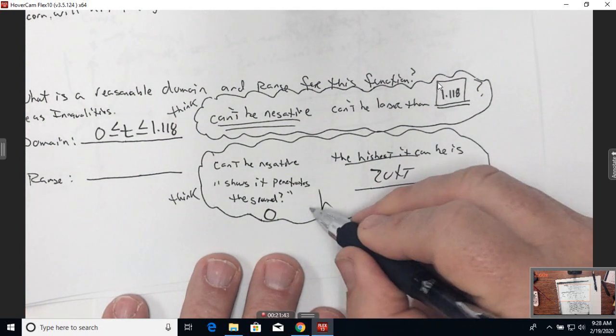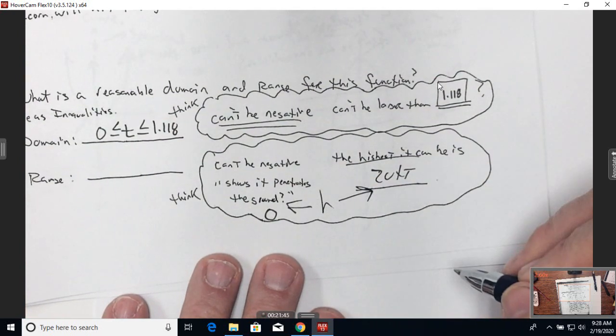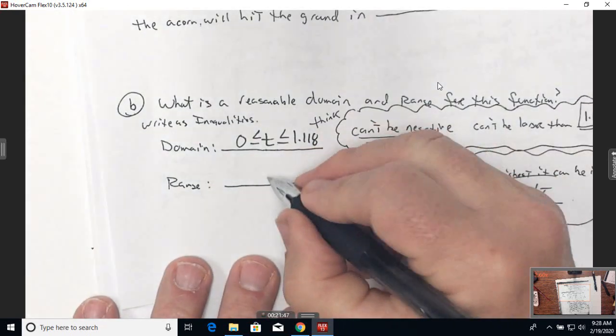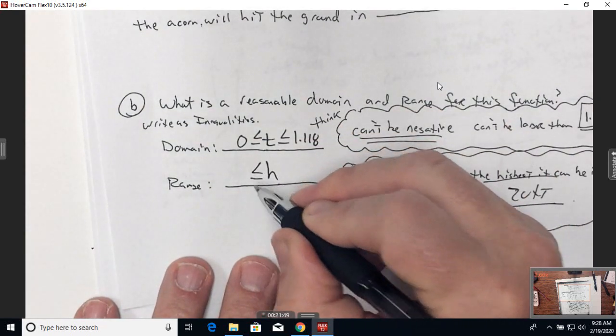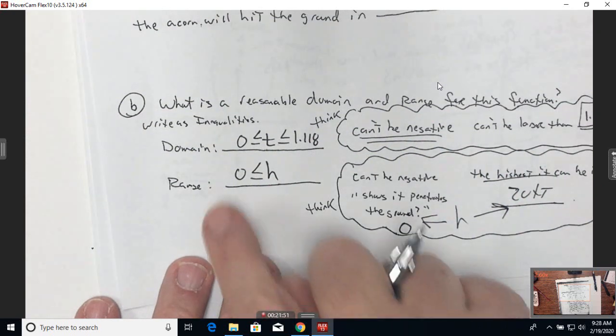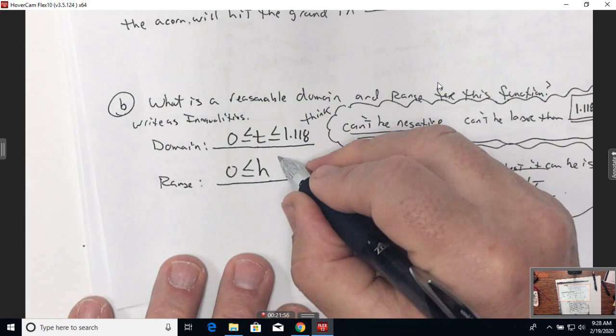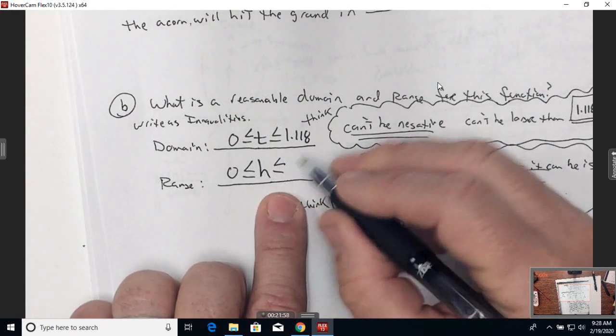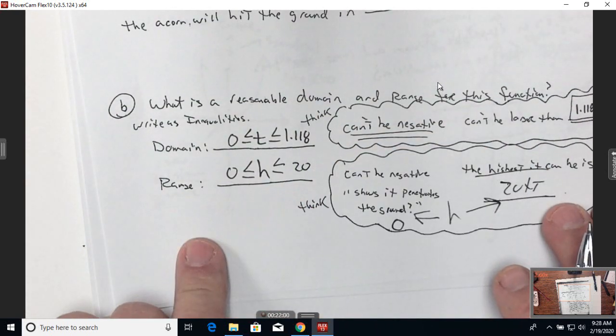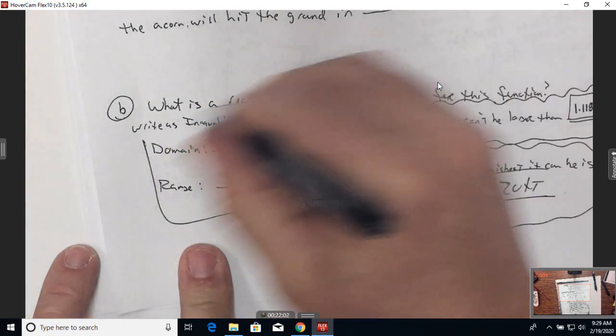So my height has got to be in between 0 and 20. So my height has got to be greater than or equal to 0. It can be equal to 0 though, right? Because once it hits the ground, it's 0. And it's got to be less than or equal to 20. So that's how we do domain and range of those.